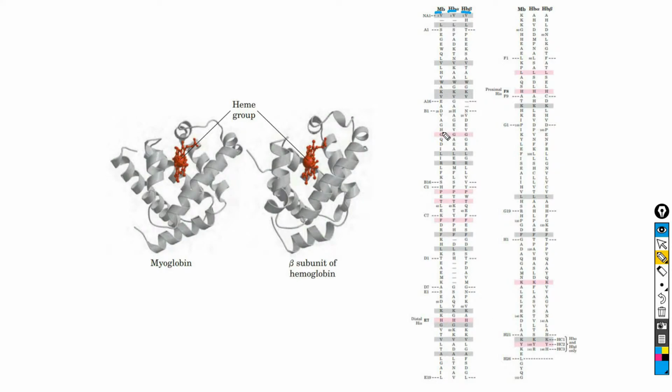As you can see here, the amino acid sequences shaded in pink and grey represent the identical amino acids among the 3 polypeptide chains, that is myoglobin, hemoglobin alpha and hemoglobin beta.